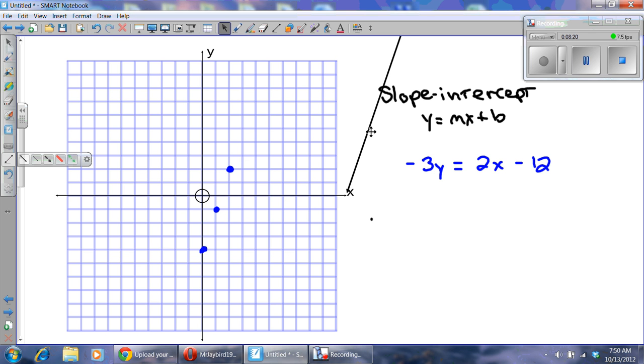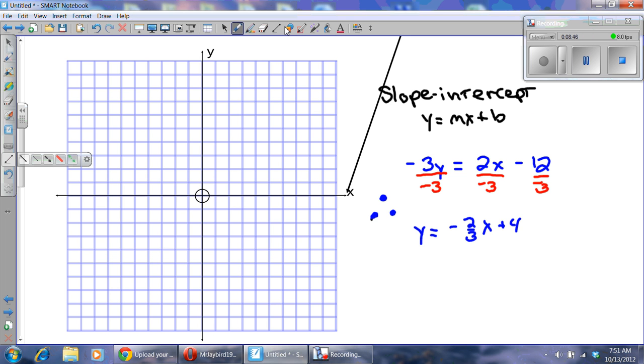How come? Not because you don't know, but because the y is not alone. So I'm going to get the y alone. I'm going to divide by negative 3. So y is going to equal negative 2/3 x and a positive 4.